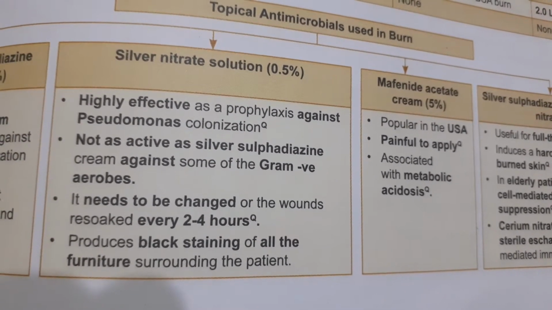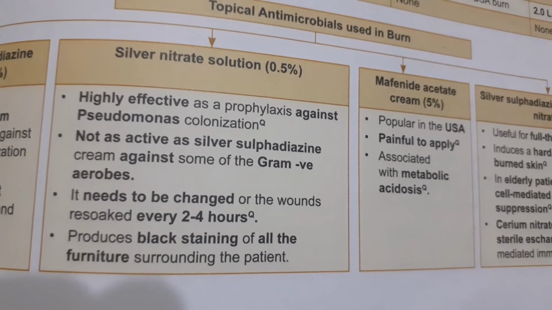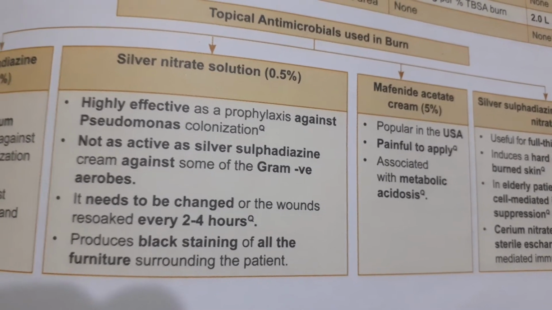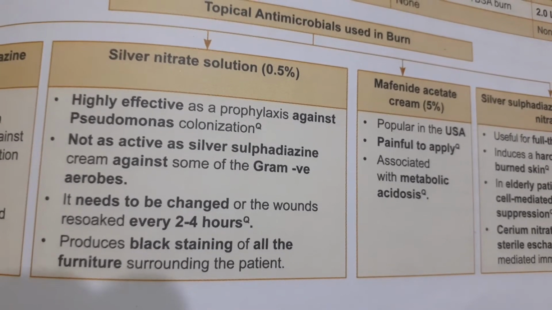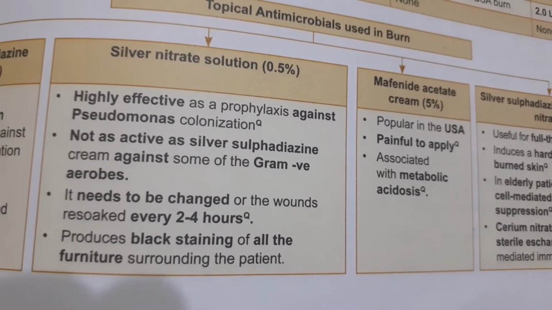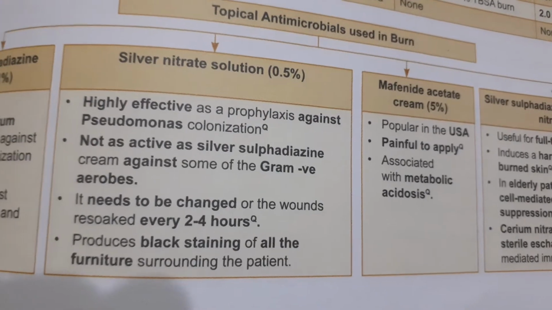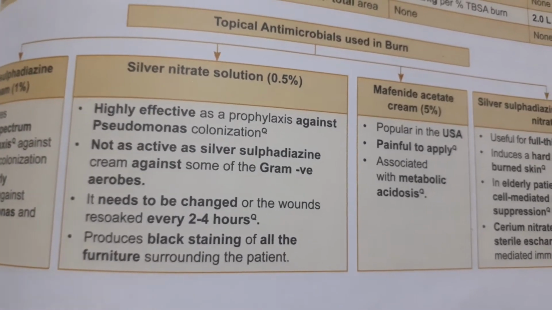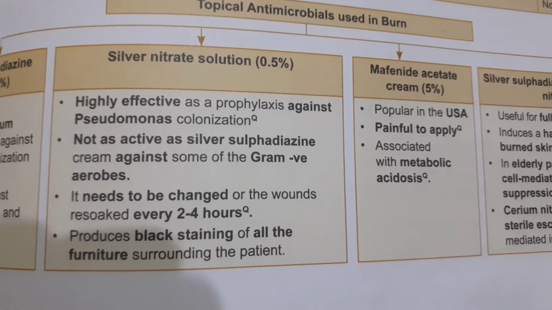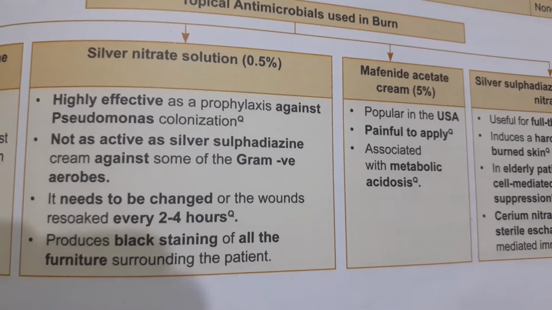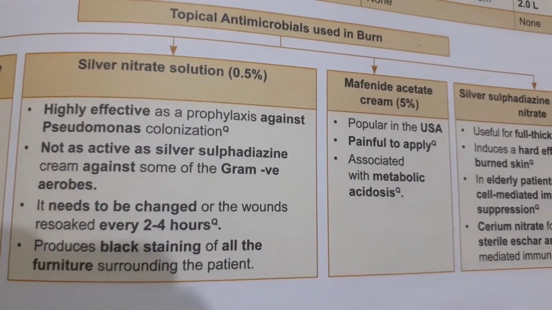Not as active as silver sulfadiazine cream against some of the gram-negative organisms, and it needs to be cleansed or the wounds resoaked every 2 to 4 hours. Produces black staining of all the furniture surrounding the patients.